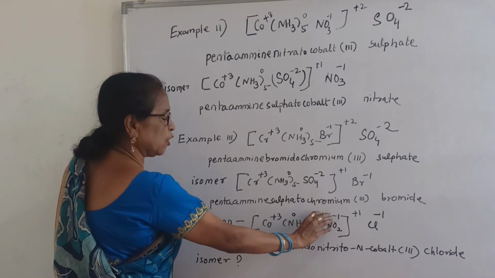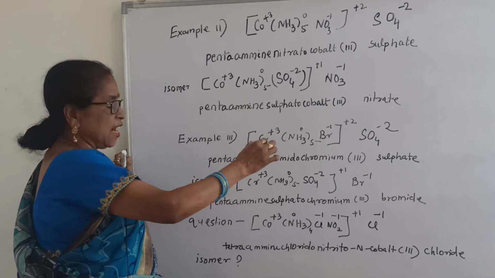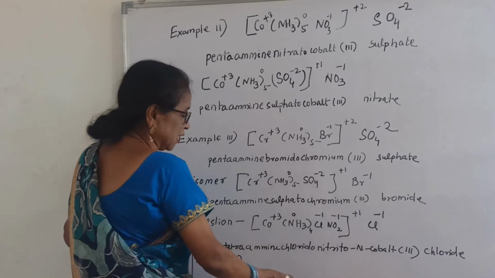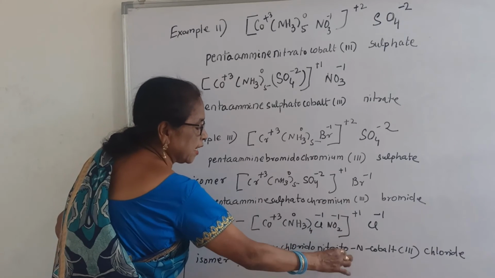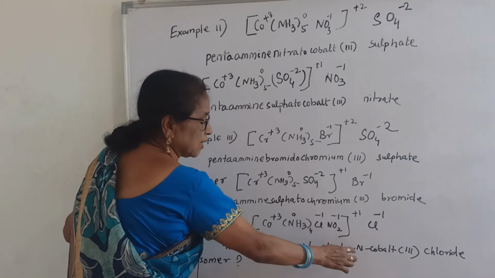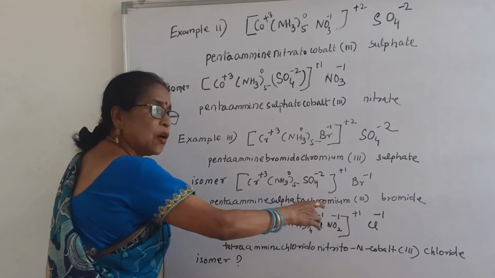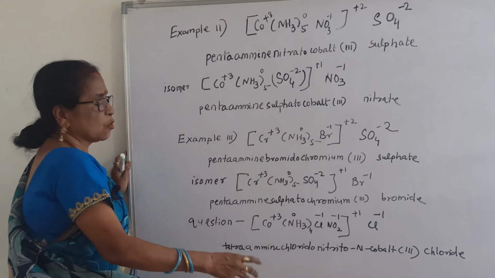Tetramine, chlorido, nitrito, what is the attachment? N. So N, cobalt 3 chloride. Again see tetramine, chlorido, nitrito, and N is attached, N, cobalt 3. If O is attached you should write O. In this case N is attached, so you should write N, cobalt 3 chloride.